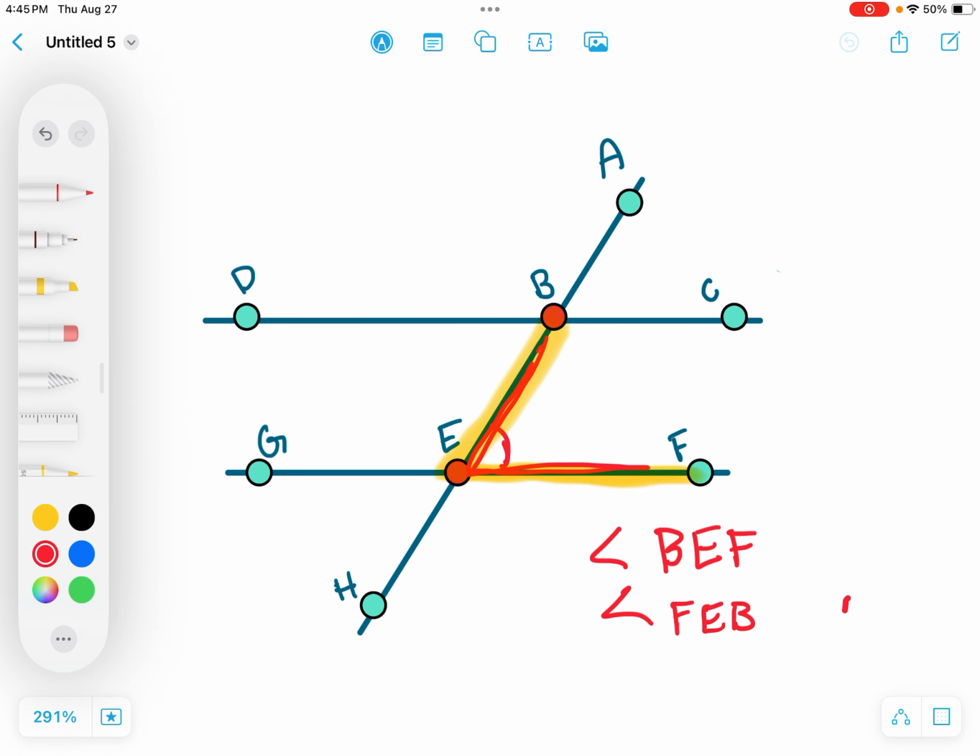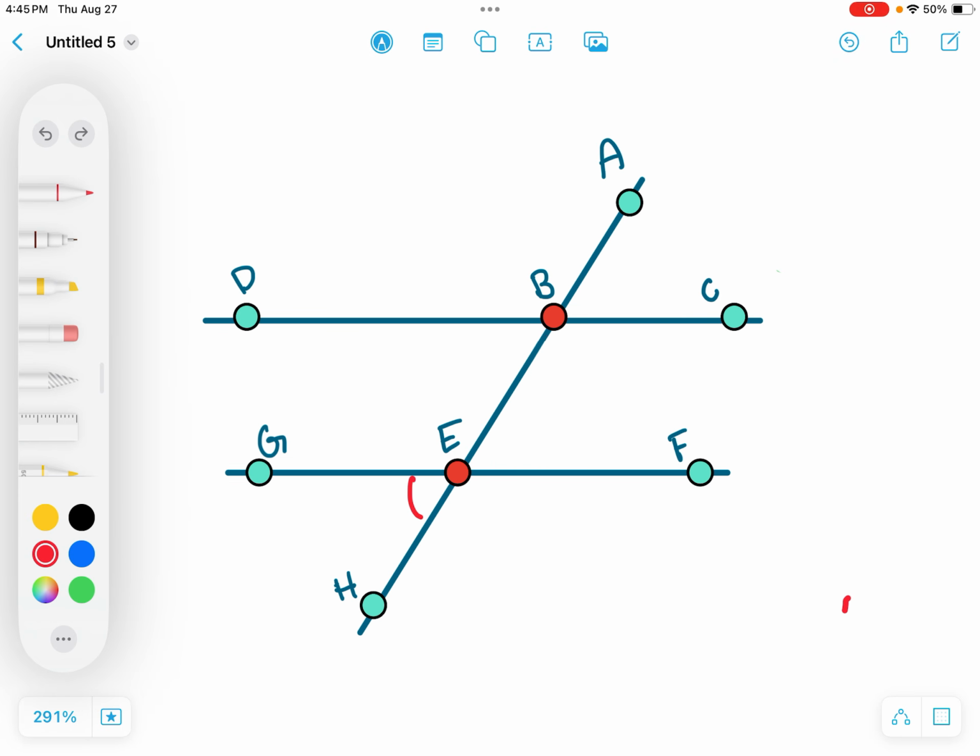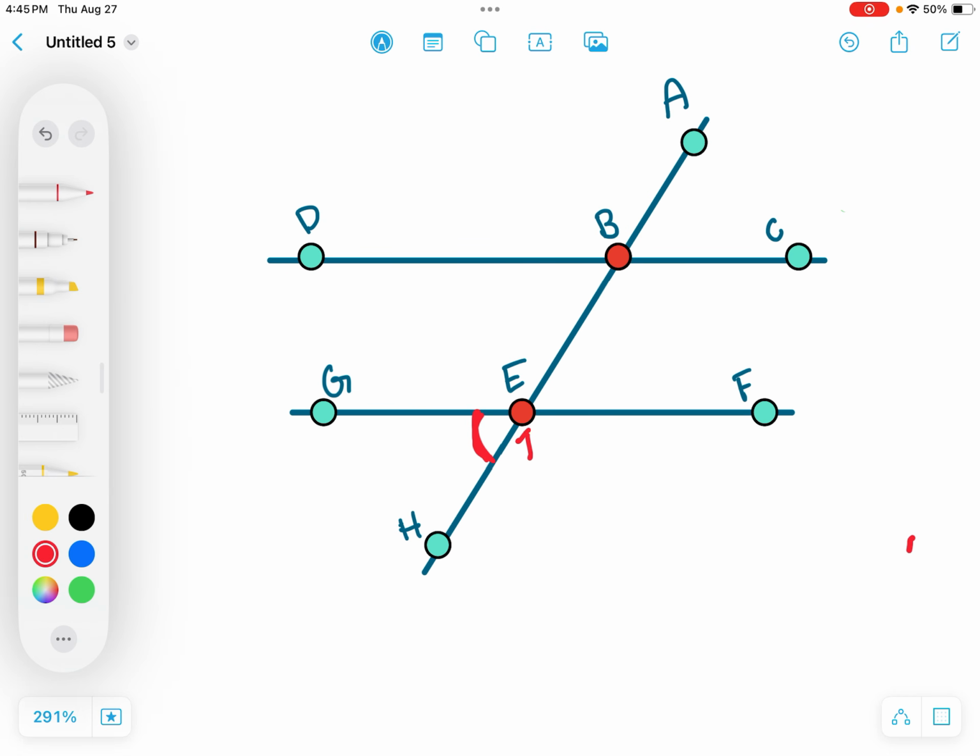Let's try another one. Let's do this angle right here. It still has that vertex of E, but we're using completely different endpoints. We're using G and H as the other points in this angle.